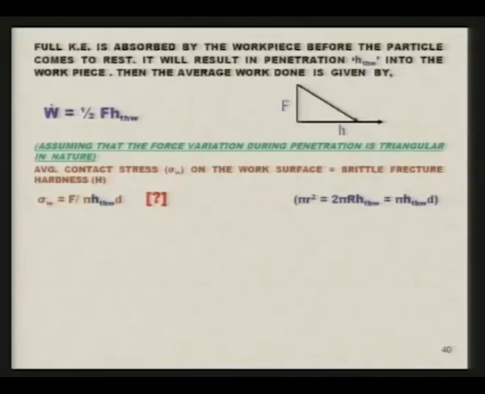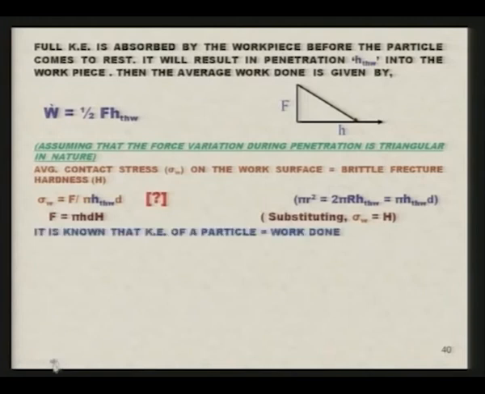From there we can determine sigma w. So, we get F equal to pi h_thw d h, substituting sigma w equal to h.